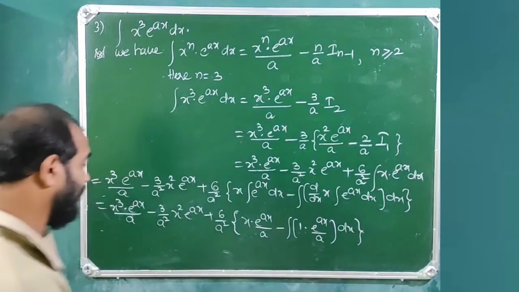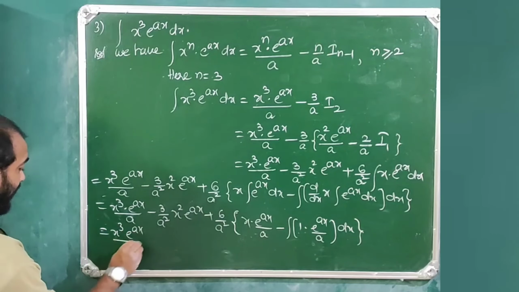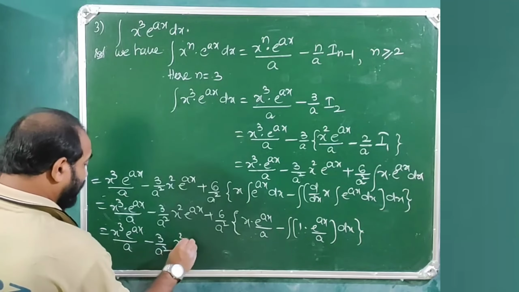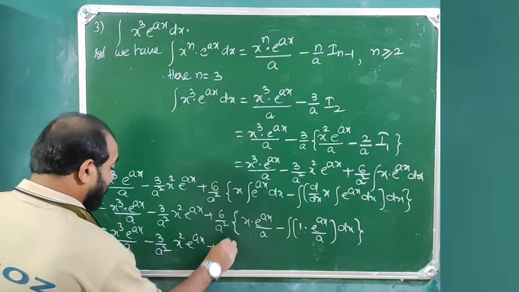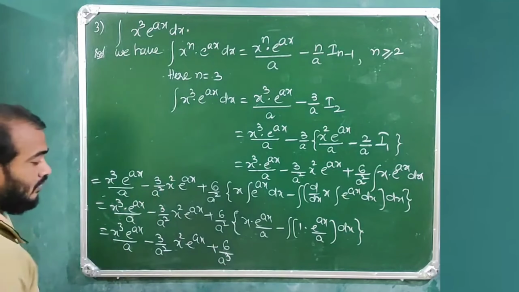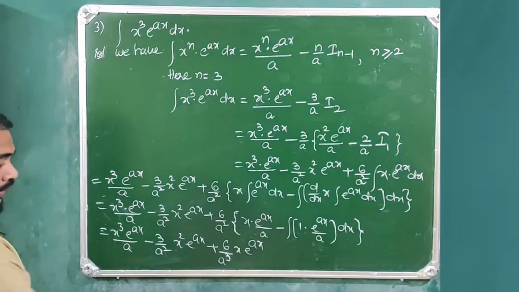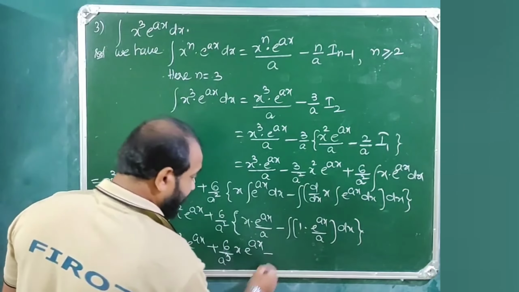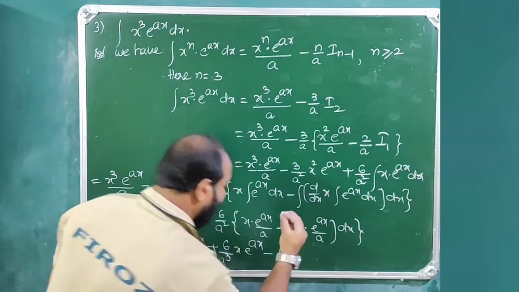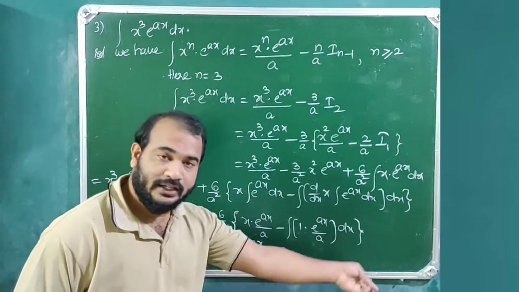Bracket off. So this is x cube e power ax by a minus 3 by a square x square e power ax plus 6 by a square into a is a cube x into e power ax plus into minus is minus 6 by a square into a, 6 by a cube into integral e power ax dx is e power ax by a.